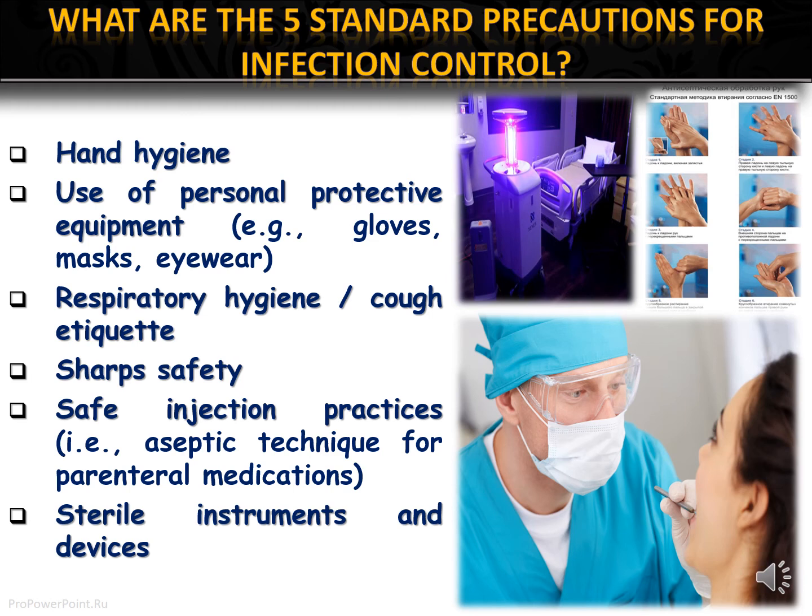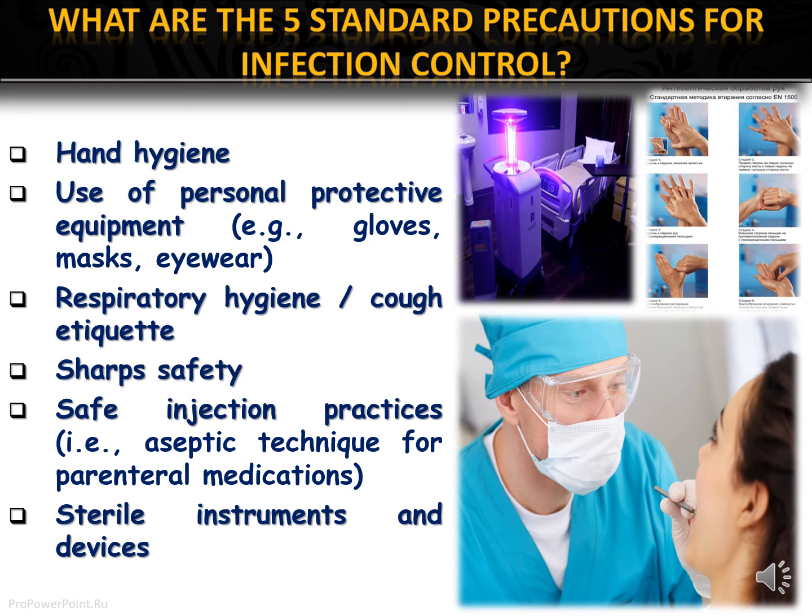You remember the first pictures when we described the definition of healthcare associated infections. In some situations dental staff don't use glasses to protect their eyes, in some situations they don't use a mask, but in all situations they use gloves, of course.